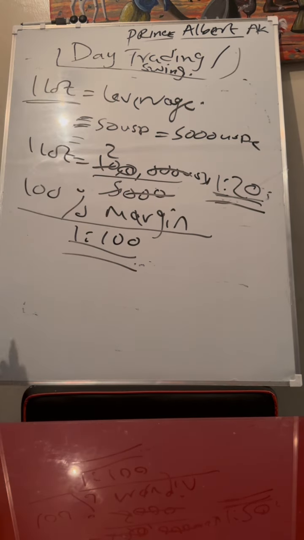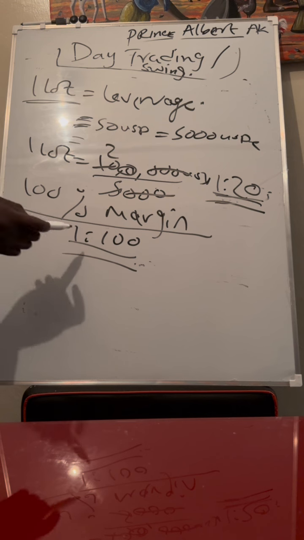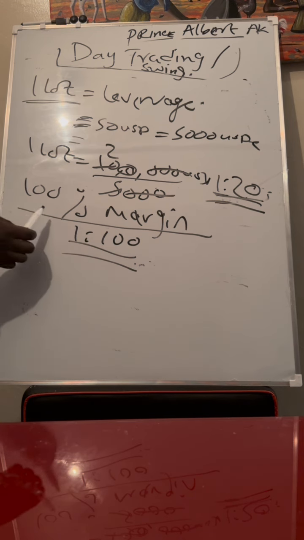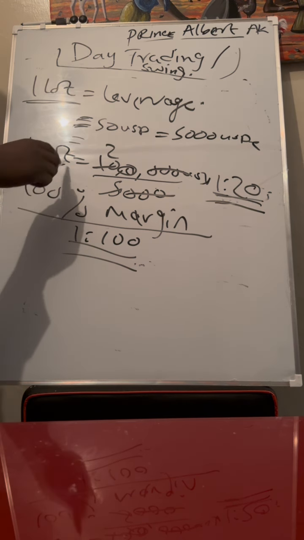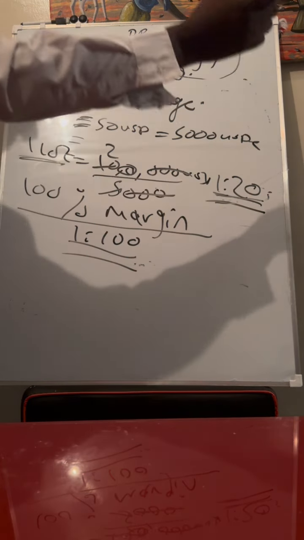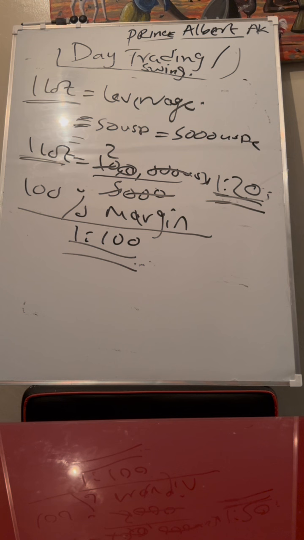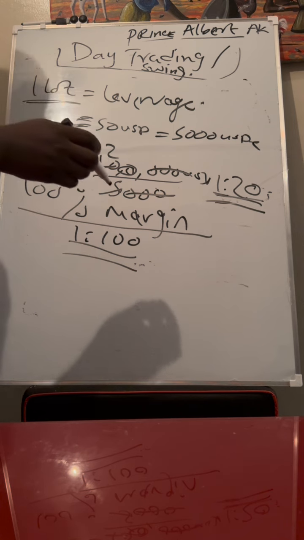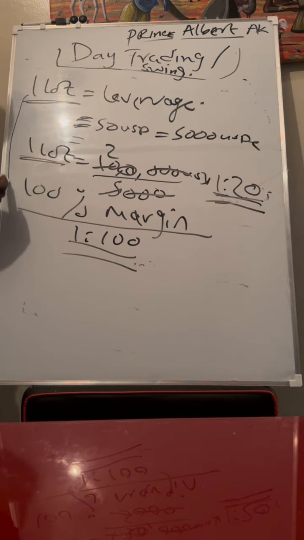The reason I've chosen 1 is to 100 is that when we occupy our 1 lot margin, which is close to 100,000 USD, we'll have over 80% unused margin. So our account will be very safe. For us to get a stop out or margin call, it will take a little bit of time.